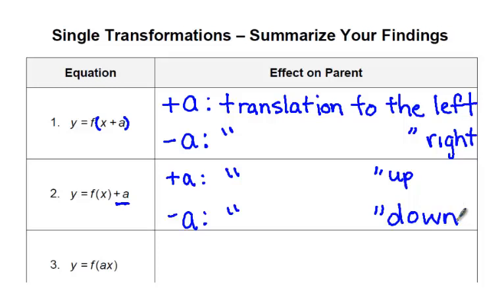Okay? If we have a multiplier of a on x, directly on x, so once again it's inside of the parentheses like number 1, but it's a multiplier. If a is greater than 1, it is a horizontal compression.